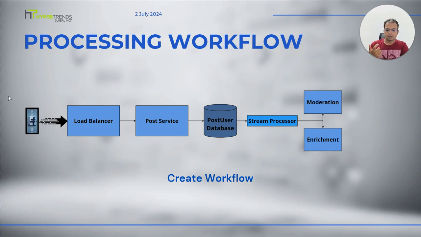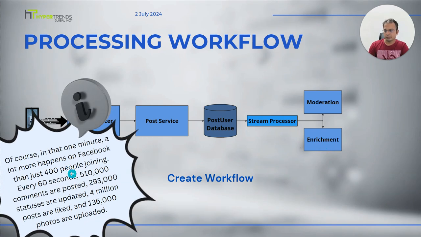So again, I want to share another piece of information, this one, right? In a minute, what number of activities actually happen in the Facebook system? On every minute, 400 new people are joining. Basically, we can see new accounts, because people can have multiple accounts.